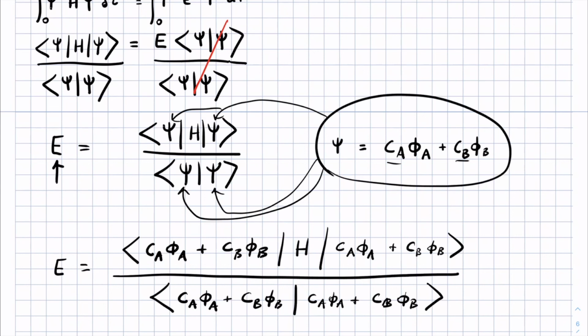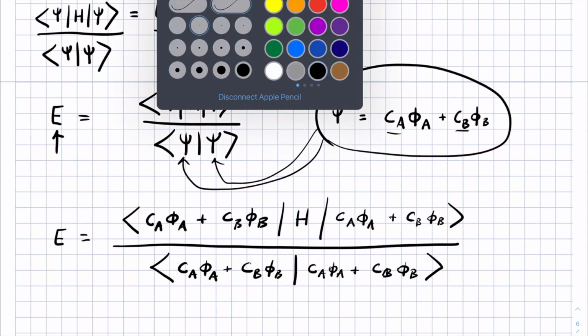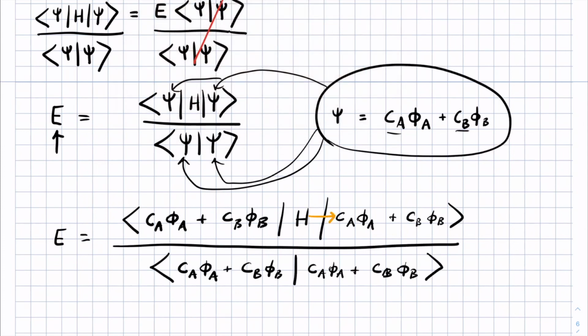So what we're going to see is that because these are integrals, you can separate out individual terms and add them together. So we're going to take the Hamiltonian and apply it to this term, and then multiply this term times that.